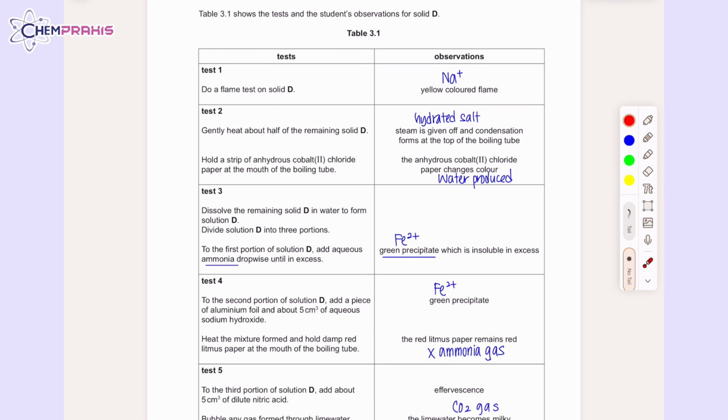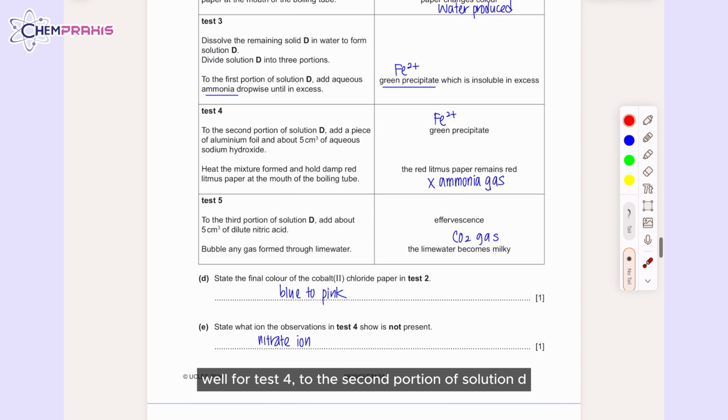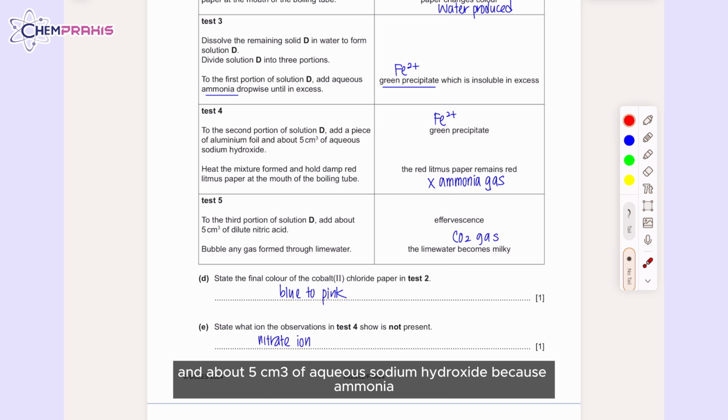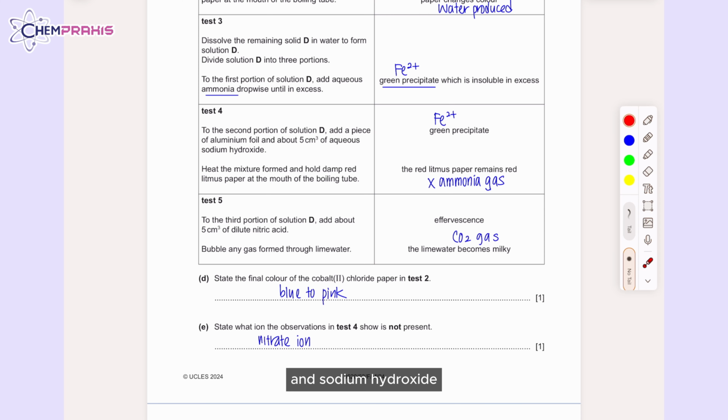While for test 4, to the second portion of solution D, add a piece of aluminium foil and about 5 cm³ of aqueous sodium hydroxide. Ammonia and sodium hydroxide are both used for cation tests, so the green precipitate formed shows you that this is Fe2+.